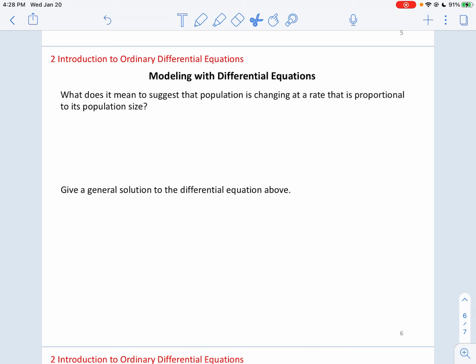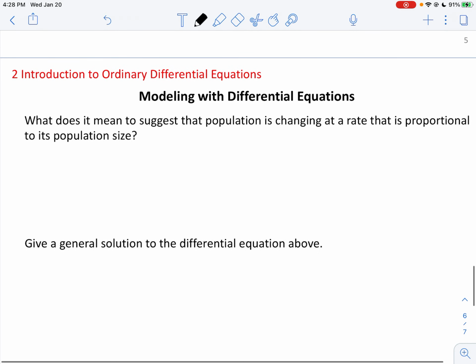What does it mean to suggest that population is changing at a rate that is proportional to its population size? Okay, population is changing at a rate, so we need to have some variables involved. If population is a function of time, at different moments in time, there can only be one population of a country or something else, or population of a petri dish, and you're counting bacteria as your population or something like that.